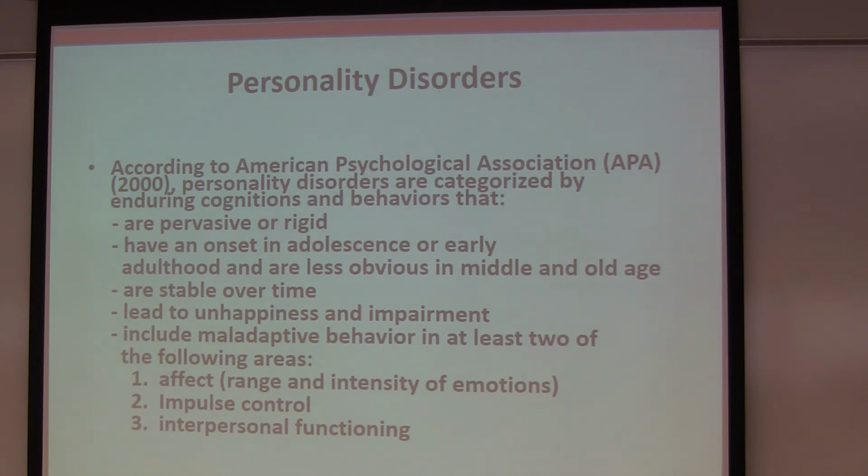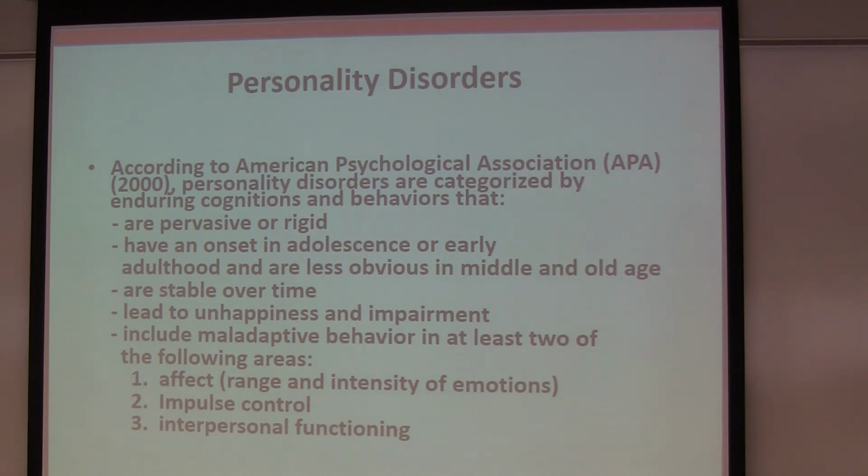And that would be affect. So the person's ability to self-regulate their emotions is not where it should be, and the emotions are dysregulated and extremely intense. The person may have very, very poor impulse control, such as in a person who does self-harming behaviors such as cutting.